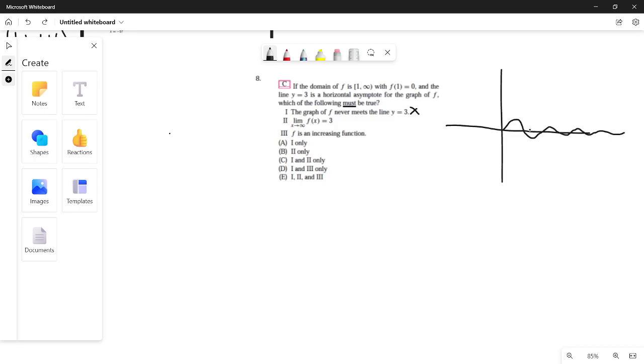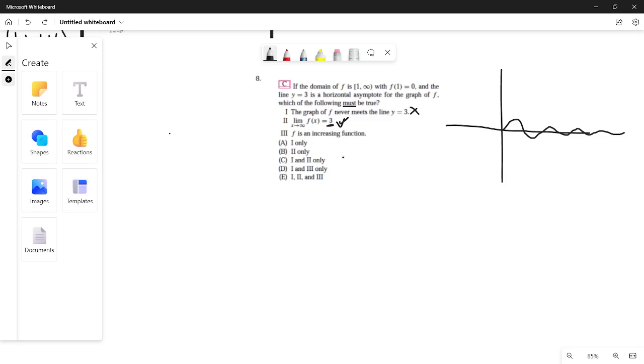But it actually crosses over this asymptote an infinite number of times. So it is certainly possible for it to meet the line. Look at those crossing overs. Yeah, that's crazy. 2 is the definition of a horizontal asymptote. As x increases to infinity, it will eventually approach this value. Yeah, so this is correct.